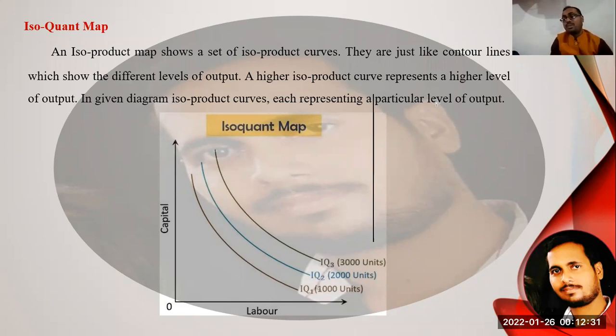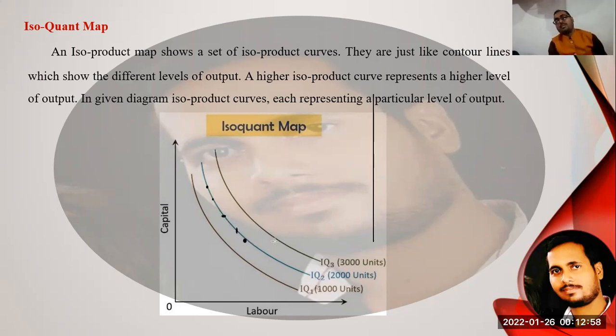Similarly, if we discuss IQ2, it means on this curve, students, the producers are able to get the output of 200 units while expending the amount of resources on this point, this point, this point, or everywhere on this curve.